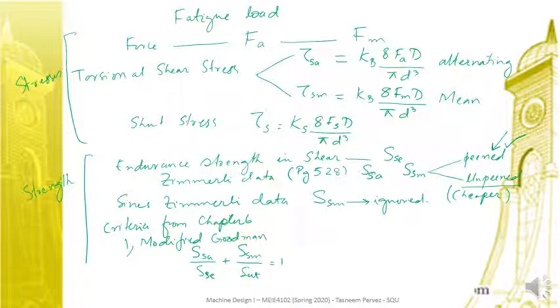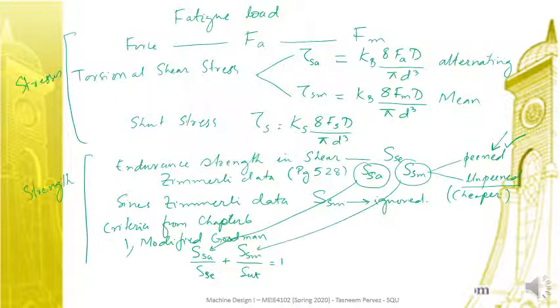And you can see that this SSA goes here, this SSM goes here, SUT you calculate by A over D raised to the power M, right? And it has to change to SUS because this is shear. Actually, you get SUT from there and you calculate SUS, which is 0.67 of SUT.